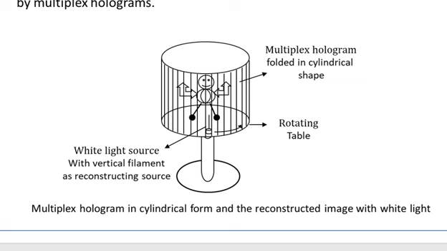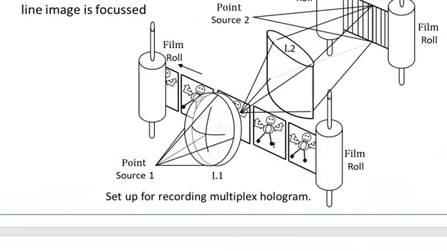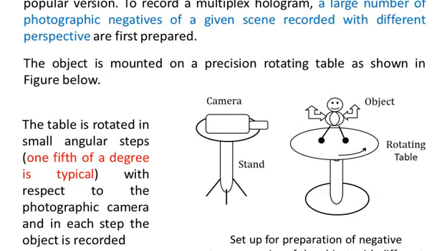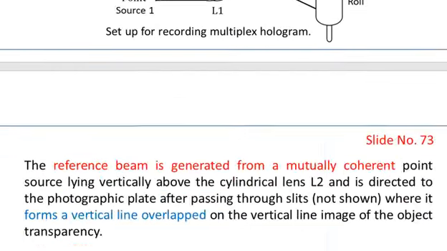The reconstructed image will appear within the cylindrical region of the hologram, exactly at the same position where it was placed in the recording process. For example, over here.